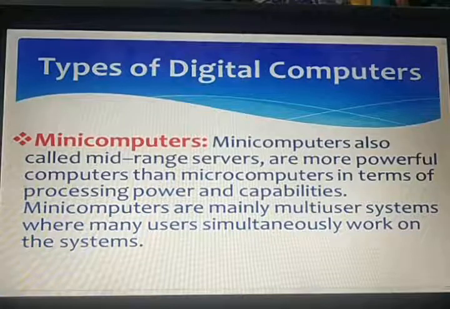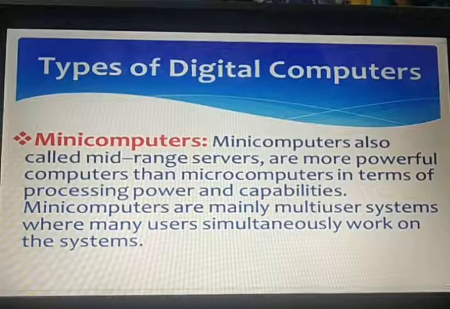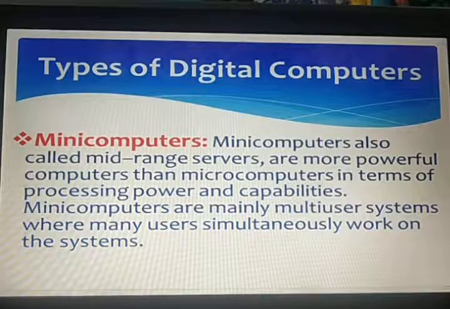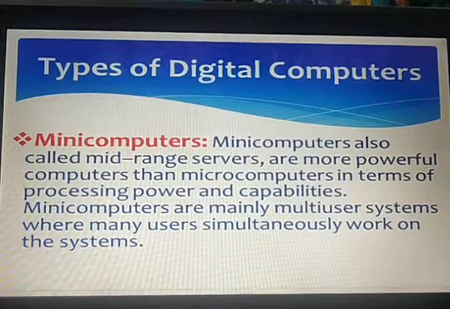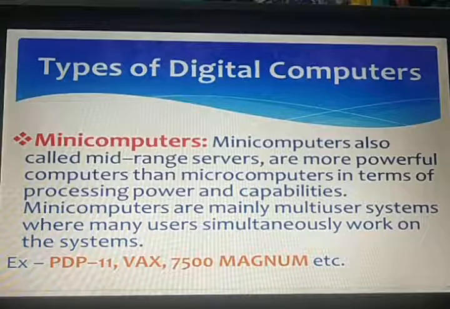Minicomputers may contain one or more processors, support multiprocessing and multitasking, and are generally resilient to high workload. Although they are smaller than mainframes or supercomputers, minicomputers are more powerful than personal computers and workstations. Examples of minicomputers are PDP-11, VAX, 7500 Magnum, etc.